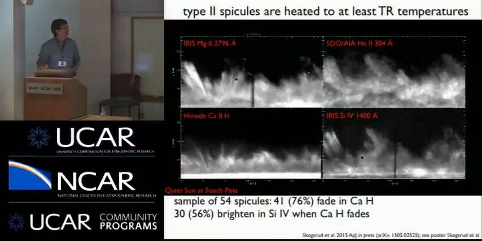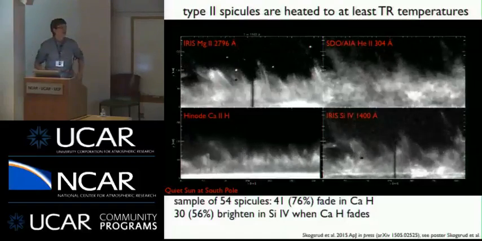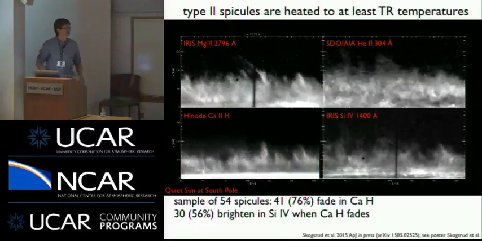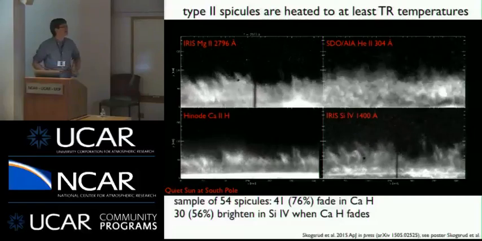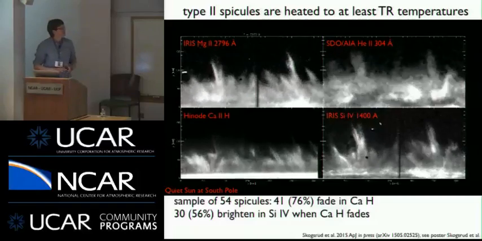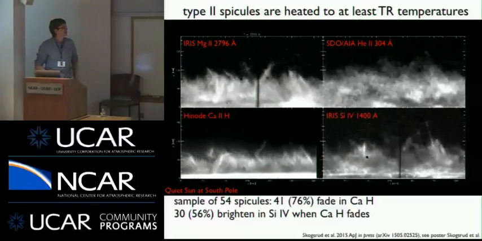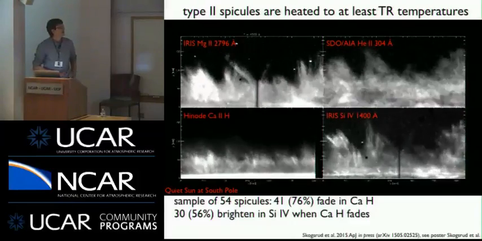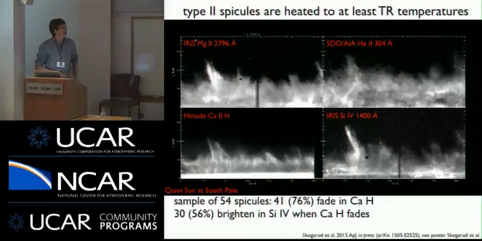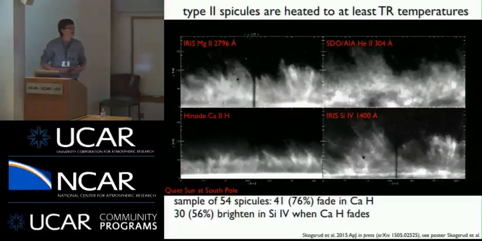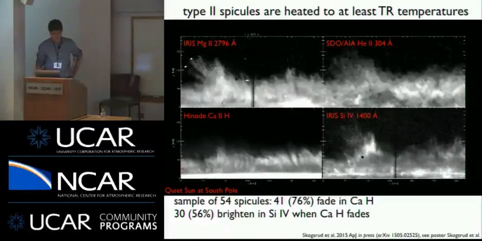So we interpret this as a sign of heating. So when the cold plasma that we observe in calcium 8 gets heated, then it fades out of the passband, and then it gets brighter in the silicon 4 line.